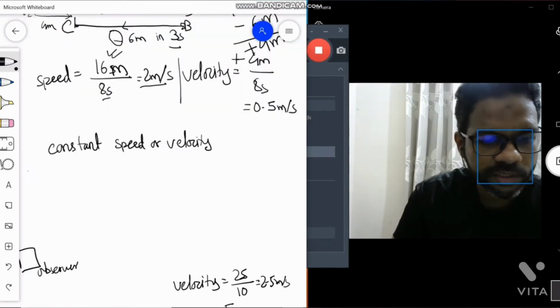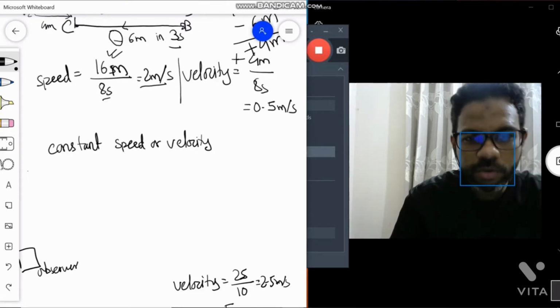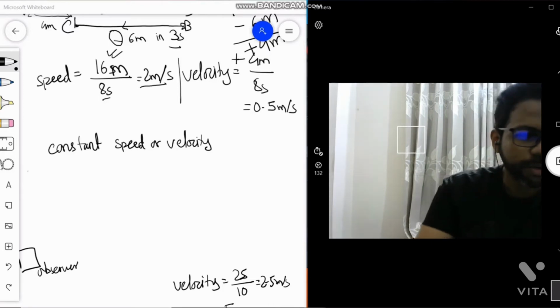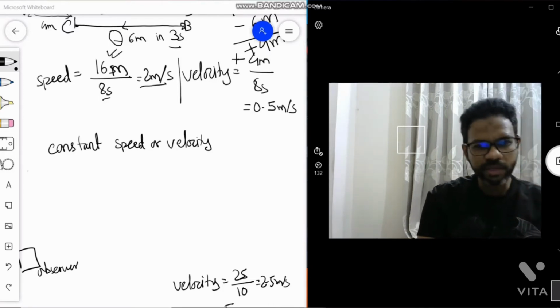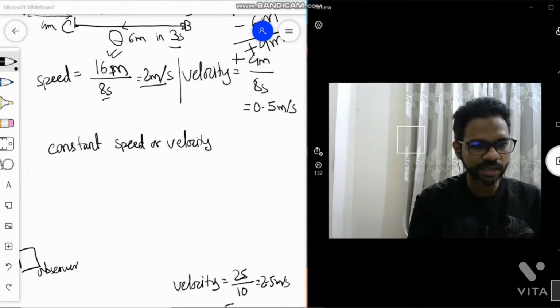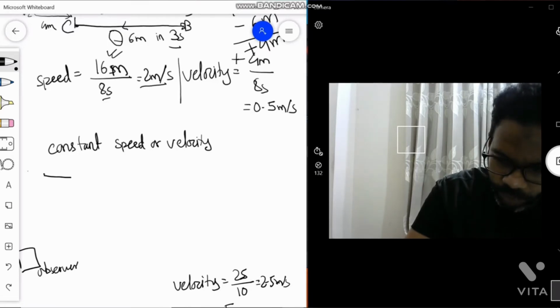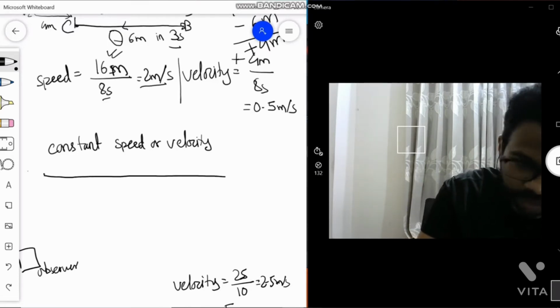Alright, so here we start with constant velocity or constant speed, and let's see how each of them works. As I said, we will consider constant speed or constant velocity to be the same in this case because the object is moving in the same direction. So let us start with the diagram. Let's say an object starts from point A and then moves a certain distance.